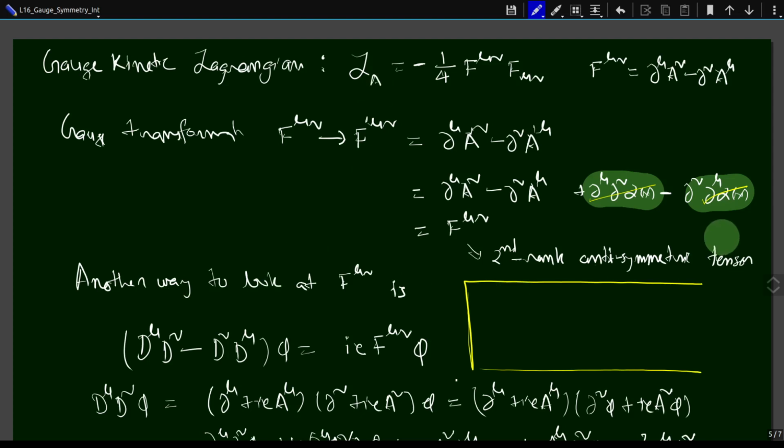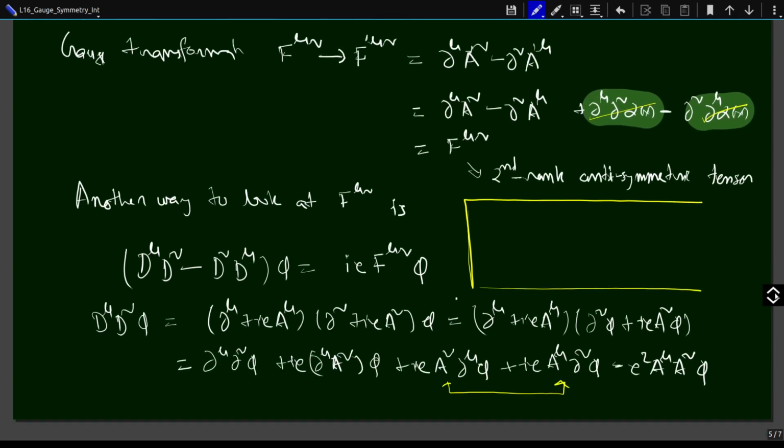But here we are using the information of what we know earlier. Usually what is useful is to look at F mu nu in a different way. People who have done gauge theories, and people who are doing gravity in the GR course, would realize that they also talk about covariant derivatives in GR, and then they talk about a curvature tensor which appears in the Lagrangian.